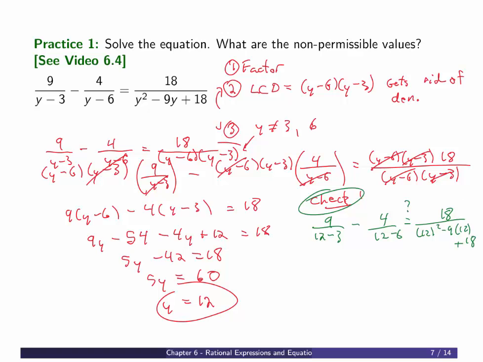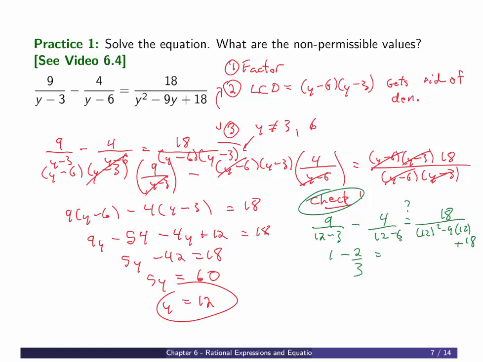Let's see if this is equal. On the left hand side, 9 divided by 9 is 1. So what we have is 1 minus 4 over 6. So 2 over 3. And on the other side, we have 12 squared minus 9 times 12 plus 18.